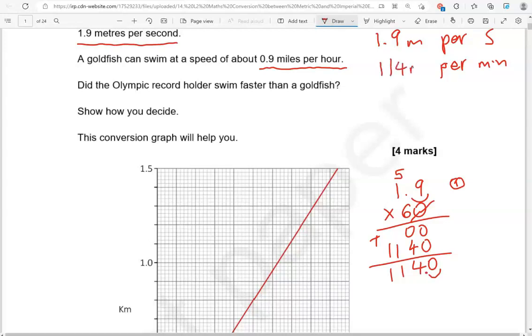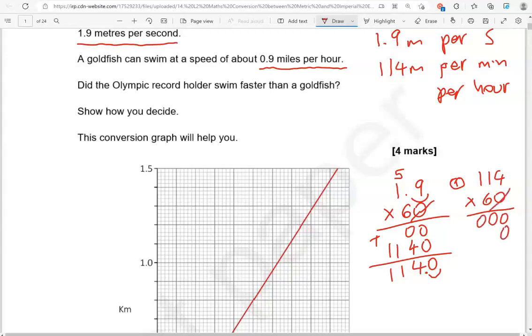So 114 meters per minute. To get the number of meters per hour, I'll need to multiply 114 by 60 because there are 60 minutes in 1 hour. So 114 times 60. 0 times 4 is 0, 0 times 1 is 0, 0 times 1 again 0.